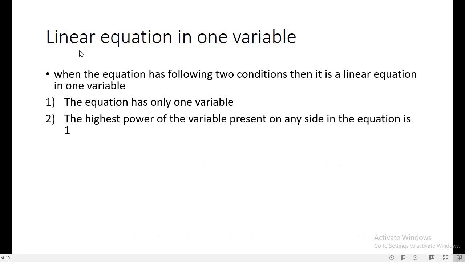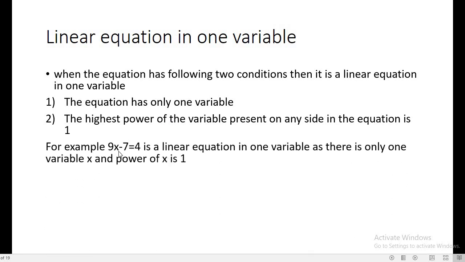And by linear, it means the maximum power of the variable present must be 1. If it is more than 1, then it will not be termed as linear. So there should be one variable and the power of that variable should be 1.